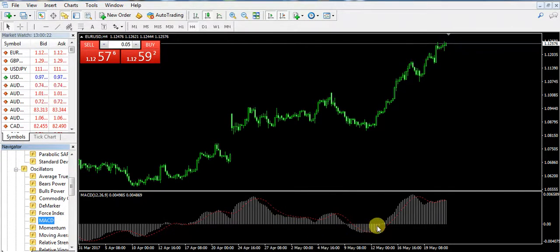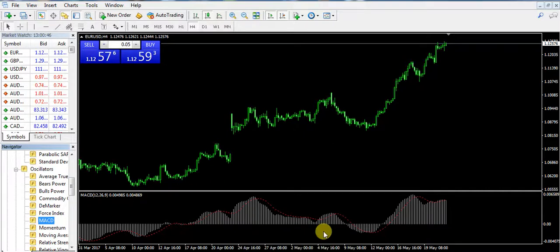And when the bars are above the red dotted line, like they are over there, we say that the MACD has now moved above its own moving average. It's important to make those notes. Please feel free to pause the video at any time and review any of this important information.